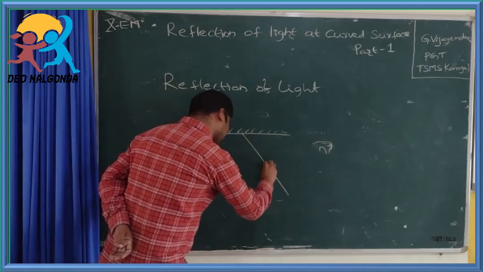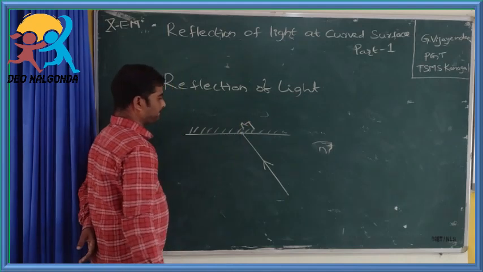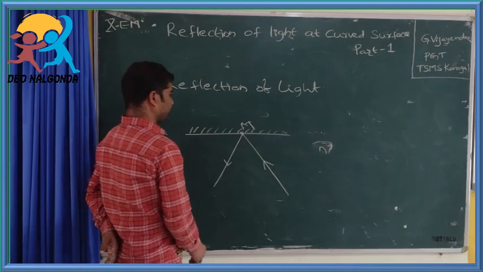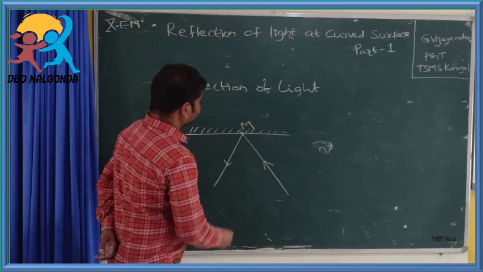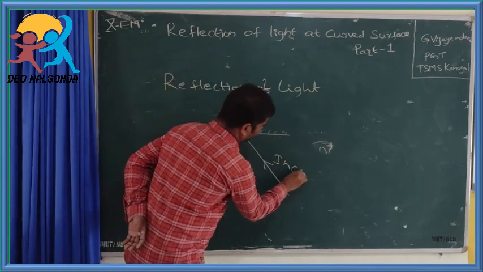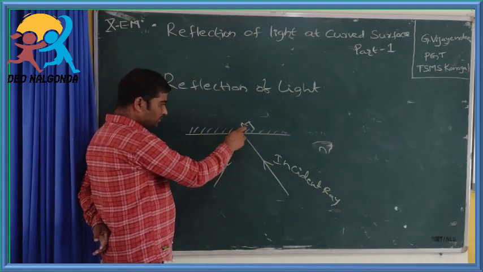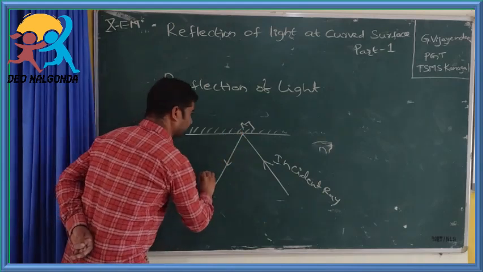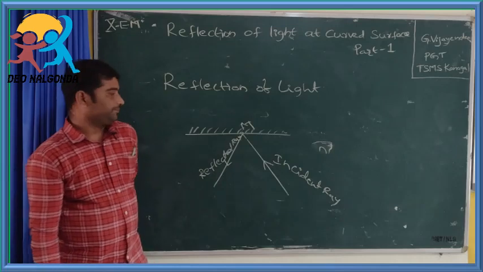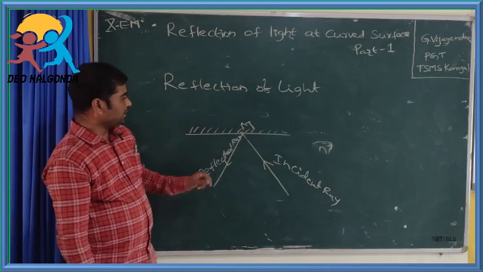If the light is incident at this point M, the light is reflecting back into the same medium. The ray which is incident on the surface is called the incident ray. The ray which is reflected back into the same medium is called the reflected ray.